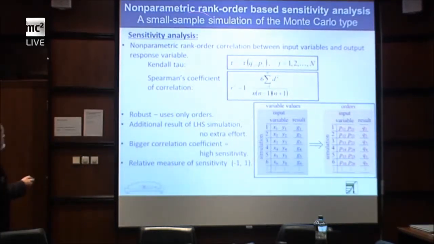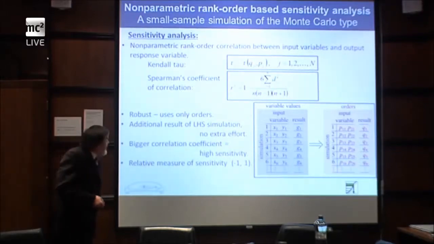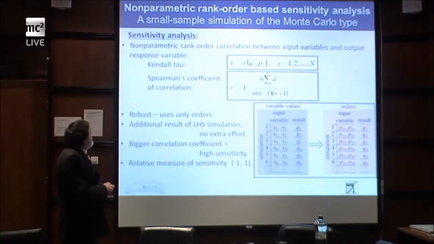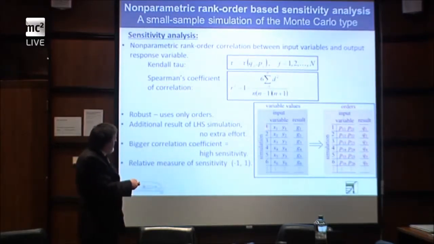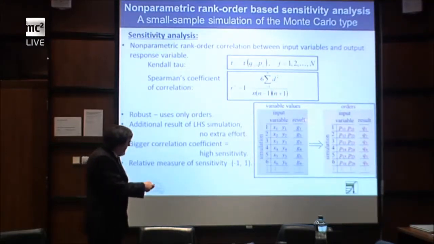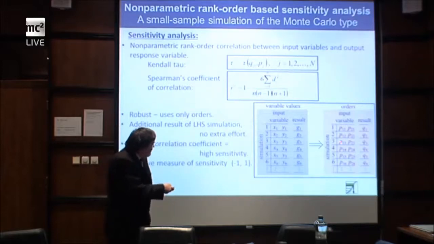Well, for sensitivity analysis, what we are using is the non-parametric rank order correlation coefficient between input variables and the output response variable. We use the statistics Kendall tau or the Spearman coefficient of correlation, and it works in such a way that if we have in simulation variables and a result, then instead of real values, instead of absolute values, we switch to orders, to ranks.